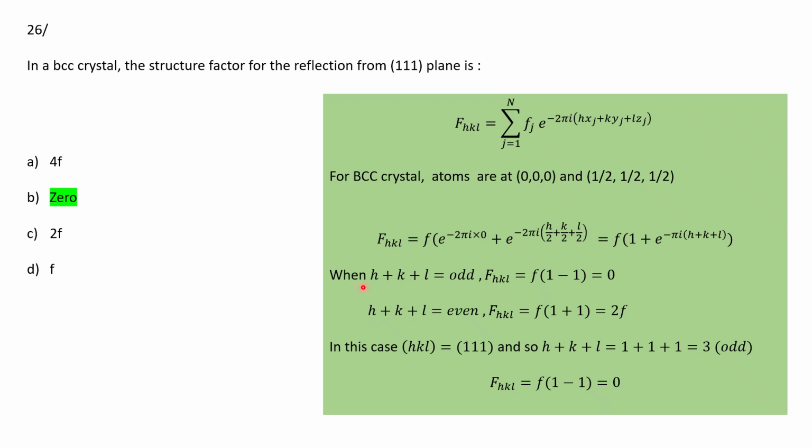Also you should know that for an FCC crystal, h, k and l should either be all even or all odd to get a reflection, otherwise it will be 0.